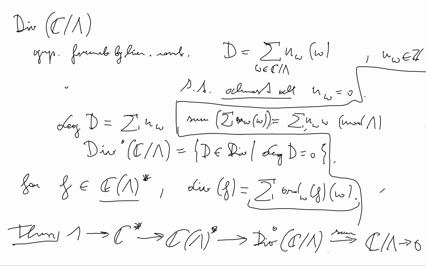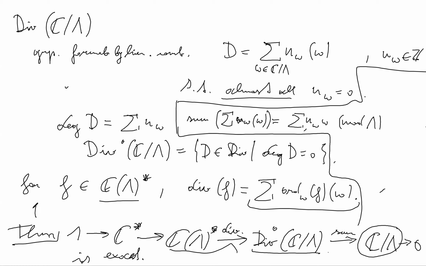And so this is exact. This is a theorem, so there's a bit of work that you have to do. But what does this imply? For exact sequences, this object here will be isomorphic to this mod the image here. And what's the image? The image are all the principal divisors.